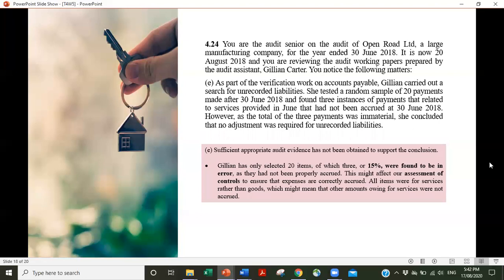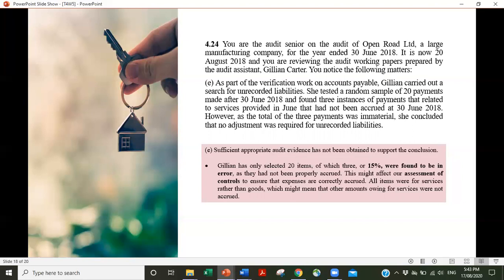Now, this is about accounts payable, and there was a 15% error on her 3 items that she didn't accrue.